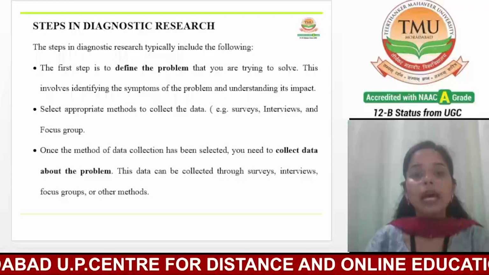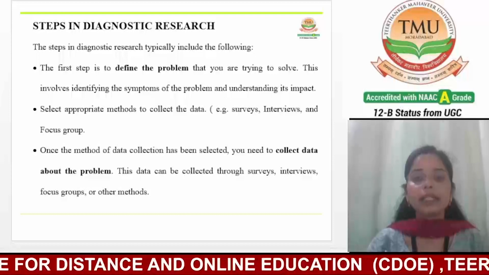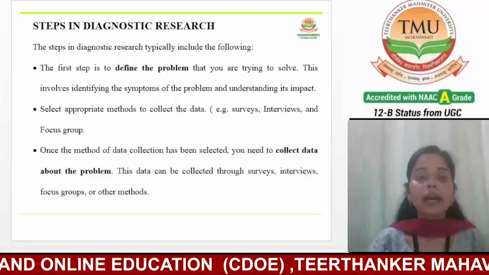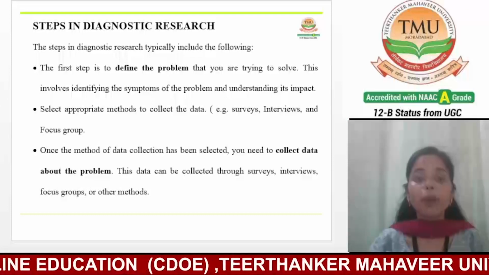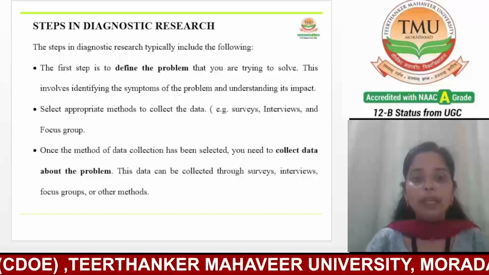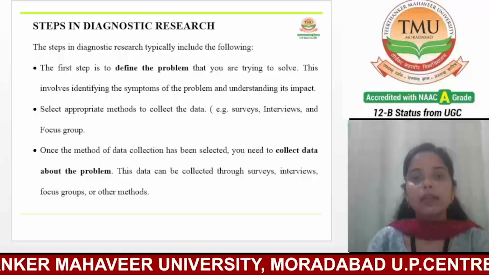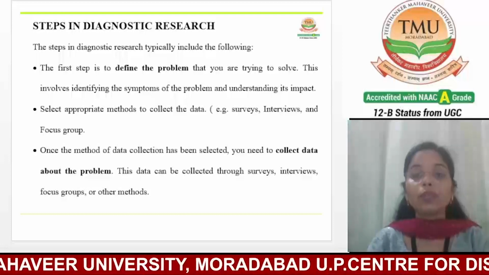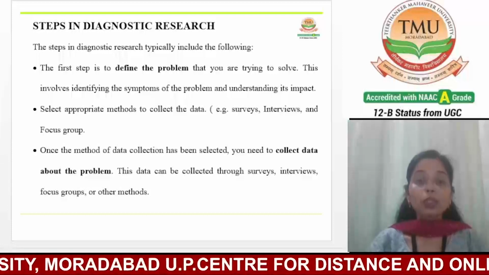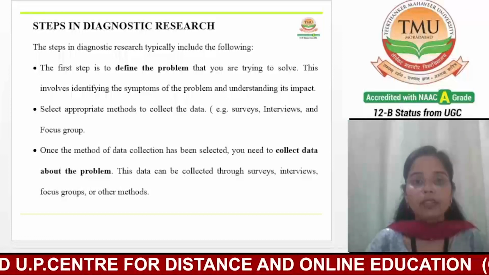This involves identifying the symptoms of the problem and understanding its impact. So the first step is to clearly identify the issues and problem to be investigated. Now, the second step is to select the appropriate methods to collect the data, like survey, interviews, and focus group. That means choose the methodologies, select the appropriate methods.